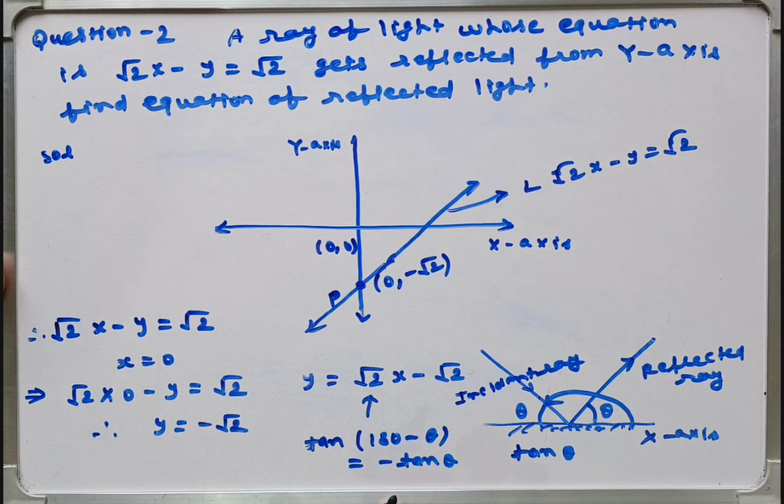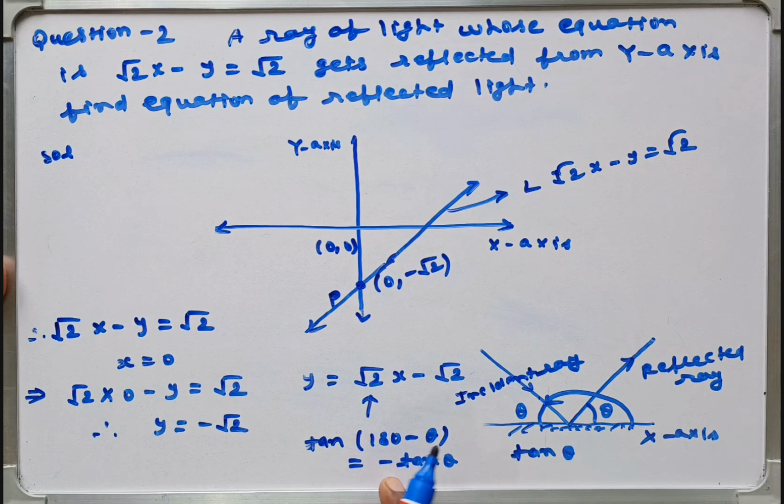The only difference between the gradient or slope of the incident ray and the reflected ray is that if one is positive, then the other is negative.